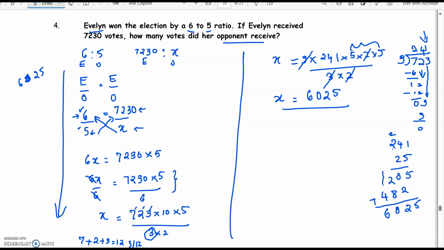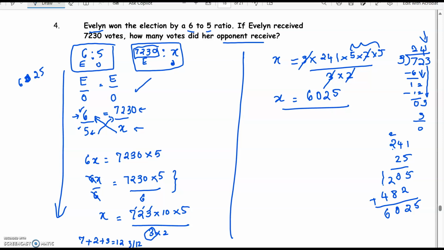So the question says that for every 6 votes that Evelyn got, the opponent got 5. And using the same ratio, can we figure out the actual number of votes that the opponent got, if we are given that Evelyn's total was 7,230 votes?